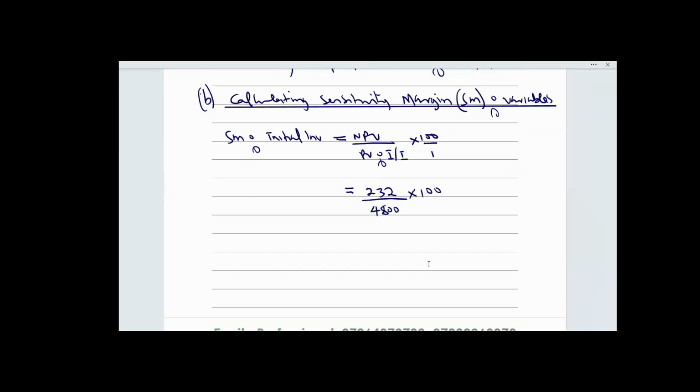So what do you have here, Tosin? 232 divided by 4,800 is 4.83%. All right, so 4.8%. The interpretation of this is that the initial investment can still increase by 4.8%.